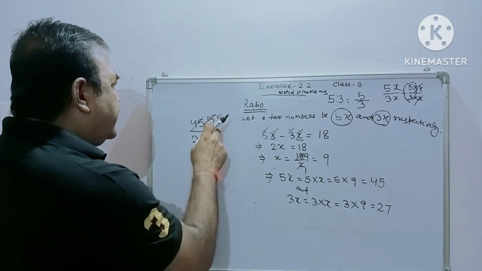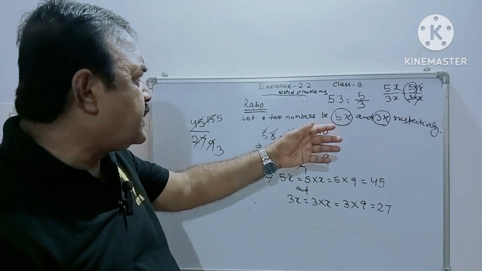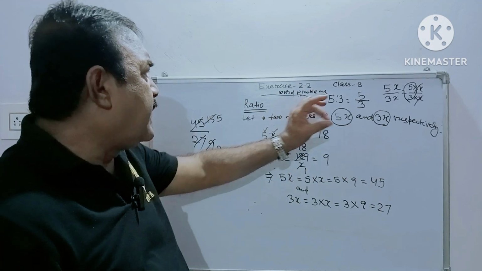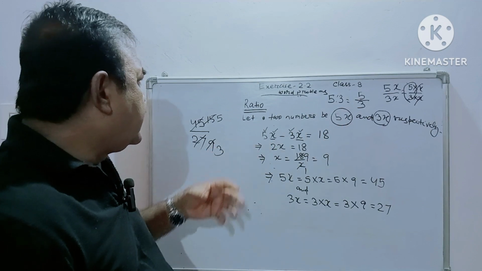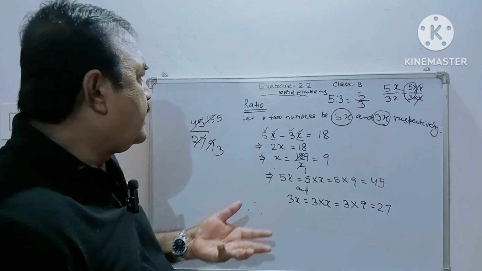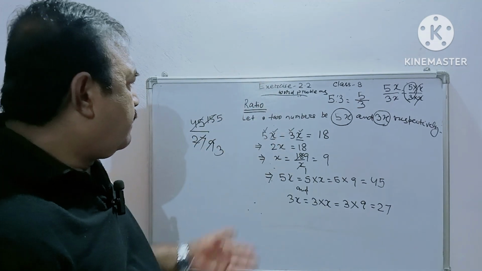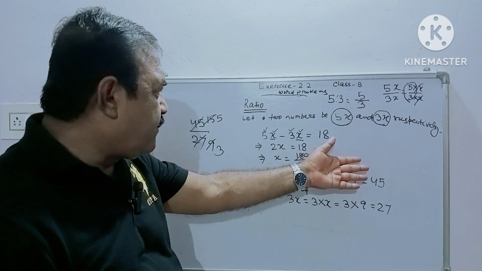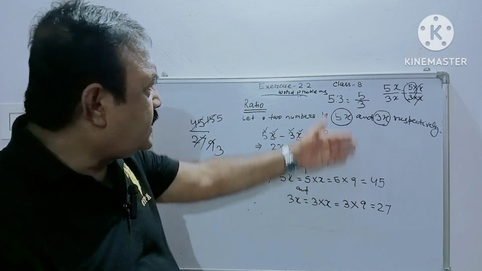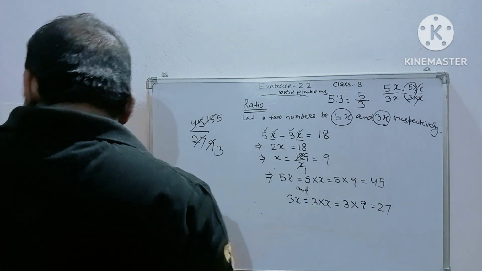So you see the ratio is 5 is to 3, or not. What a ratio gives us is just the relative sizes. It doesn't give us the actual size, it gives the relative size. But the actual size is this: we have 45 and we have 27. So the ratio is 5 is to 3. So this is the answer.